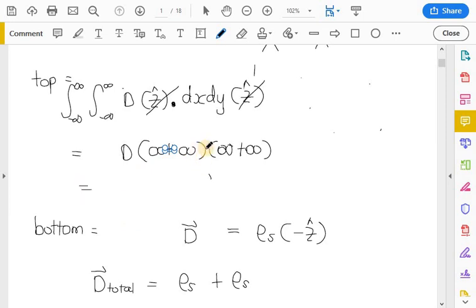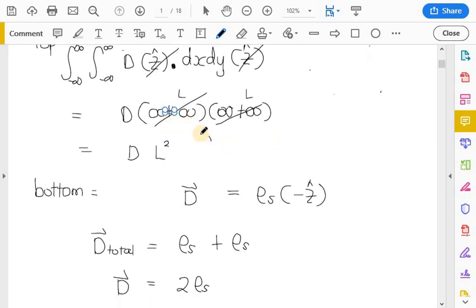Right. So here you will have D multiplied by this one. If I represent this one with L, just a symbol, then here I will have L squared, right? So for the bottom part, I will also have D L squared.